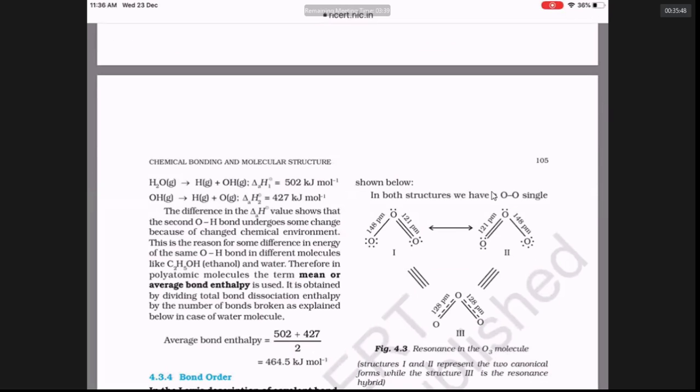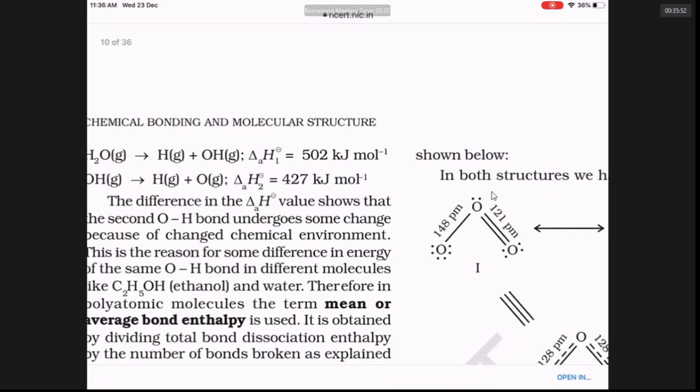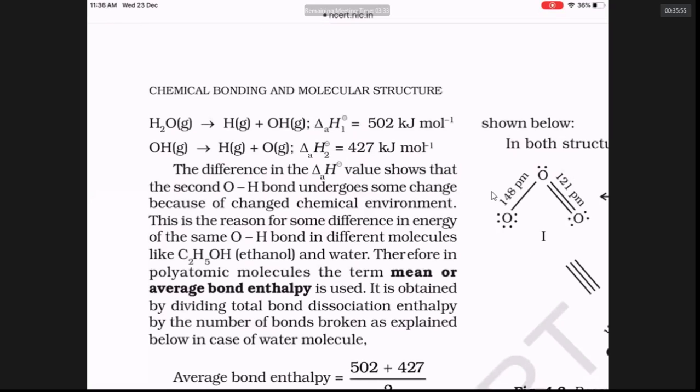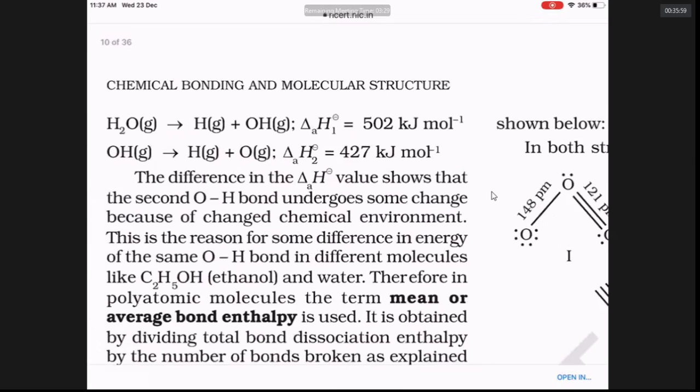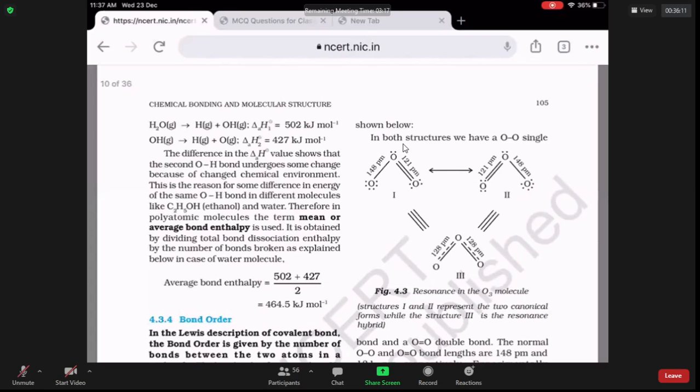To break the first OH bond, in this example, you are spending 502 kilojoules of energy. To break the last OH bond, you are spending less energy, 427. But if you take the total energy required for dissociation and divide by 2, you get average bond enthalpy or mean bond enthalpy. You understood, bond enthalpy means it is the energy required to break given bonds.